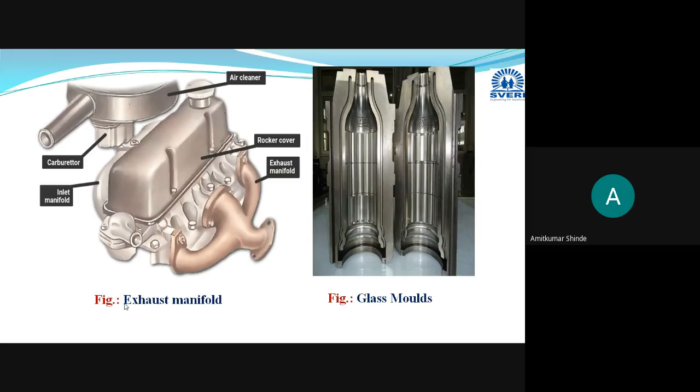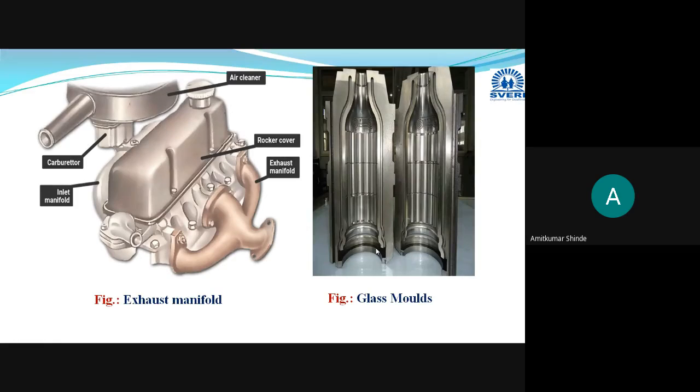Now exhaust manifolds. This is the diagram for this part, please try to understand it. This is the exhaust manifold, and it is manufactured with the help of silal. You can use silal or nicrosilal. Then different molds are there, molds used for manufacturing glass bottles.